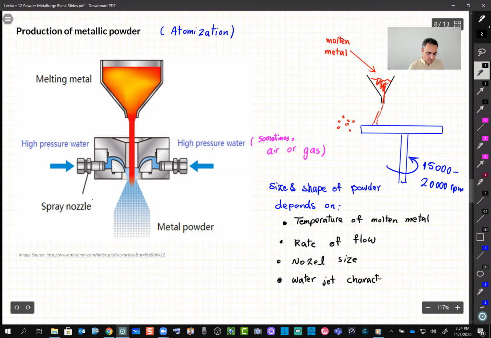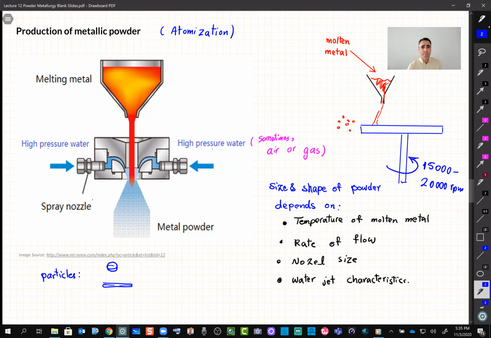Like how fast the speed of this water spray is, the method that people use can make a difference. Because the powder particles can be nice and clean and sphere shaped, or they can be a needle sort of long shape like this one.